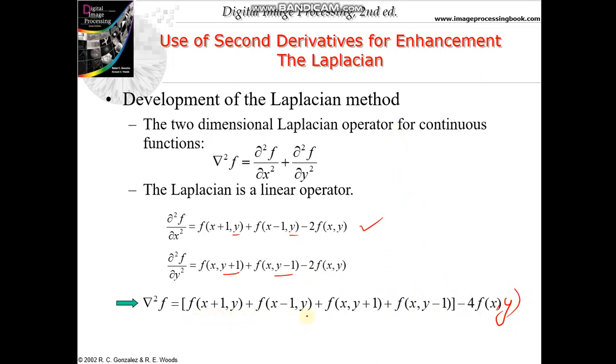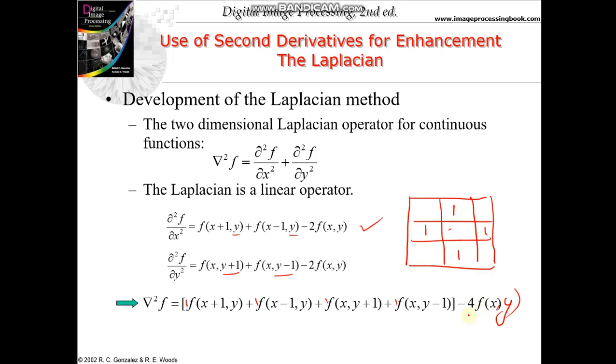If you observe this, these values are very familiar for us. We call these 4 coordinates the 4 neighbors of x, y. If this is our x, y, these are the 4 neighbors. What is the value over here? It is 1. So write this 1 value in the 4 neighbors.